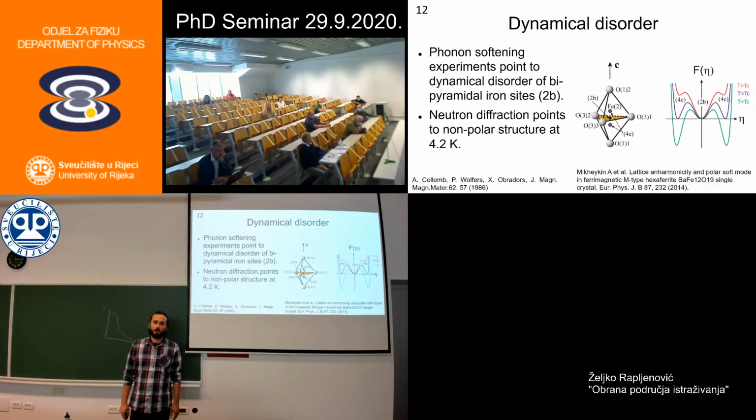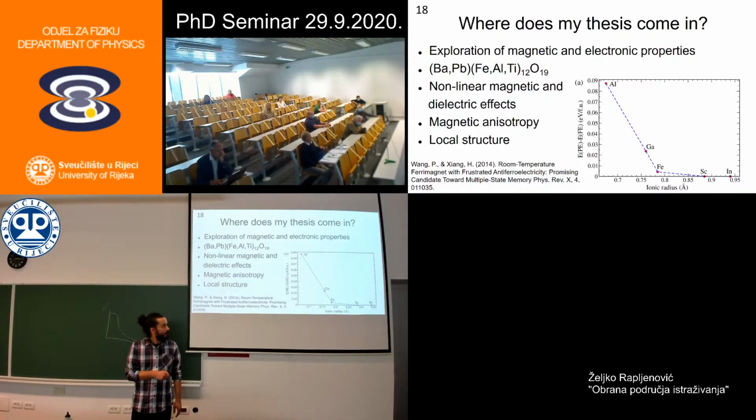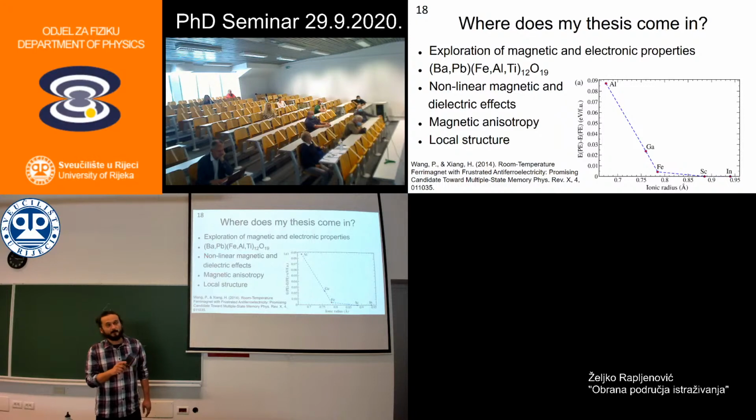What do I expect with nonlinear transport with different samples? Like I said, I want to find ferroelectricity because this paper showed that aluminum could stabilize the ferroelectricity. Aluminum stabilizes ferroelectricity? Really? There could be, I'm sorry, could stabilize. Then this is the proposition.